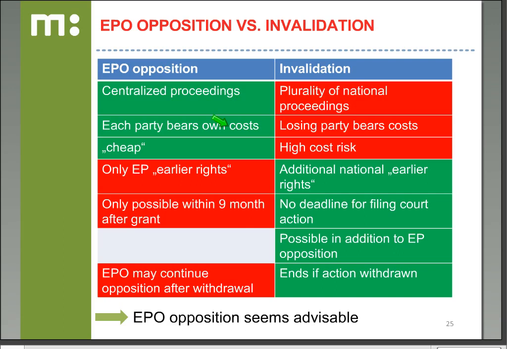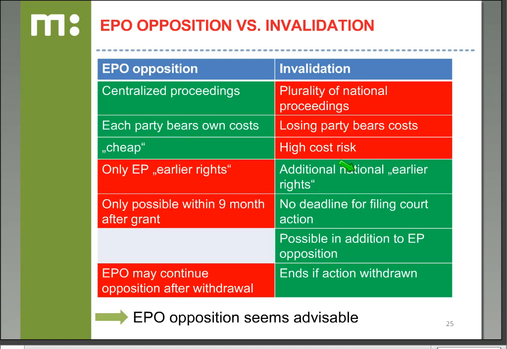At the EPO, each party bears its own costs, whereas in invalidation, the losing party bears the costs, which can be quite expensive. EPO opposition is rather cheap. The official fees are about 785 euros, and the appeal fees are 2,200 euros, whereas even at the first instance, you may face court fees already of 20,000 euros.